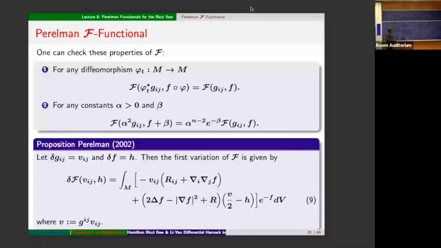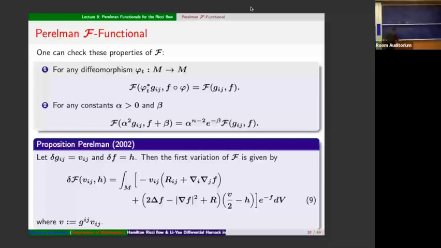So you can just substitute this one with minus 2 R_ij, just like we did in the last lecture. So v here is the metric trace of v_ij, and this is the first variation under Ricci flow. And it's very easy if we compute that, though it may be a long computation, it is something we can compute.